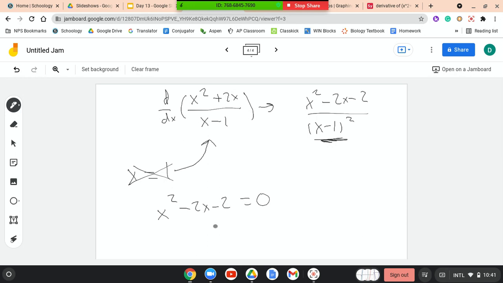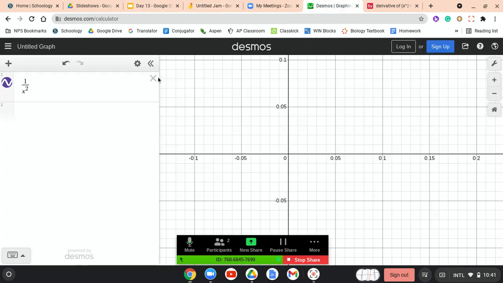All right, equals 0. And we could use the quadratic formula to solve this. Obviously, we know how to solve this quadratic, but I'm just going to plug it into Desmos for time's sake, because it's not an algebra course. We know how to do that.